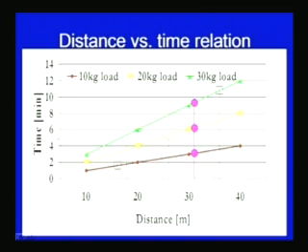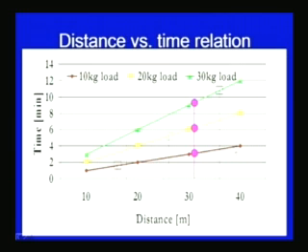So, the time required for covering the distances of 10 meter, 20 meter, 30 and 40 meter with the 10 kg load can be seen with this red line, while the person moving different distances with the 20 kg load can be seen with this middle line.